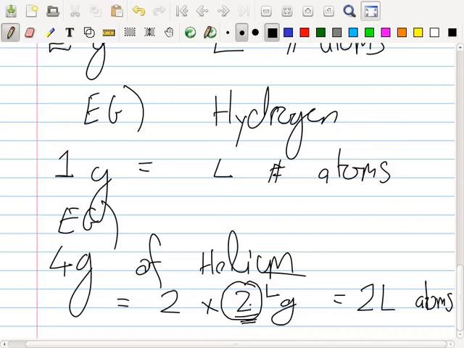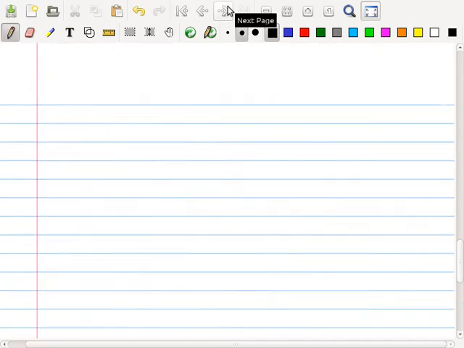So to have 8 grams of oxygen, you need 1 L of atoms. You get the idea? If I want 16 grams of oxygen, how many atoms is that? 2L. 16 divided by 8. So do you get how to use this? Okay. So, where's the definition now?